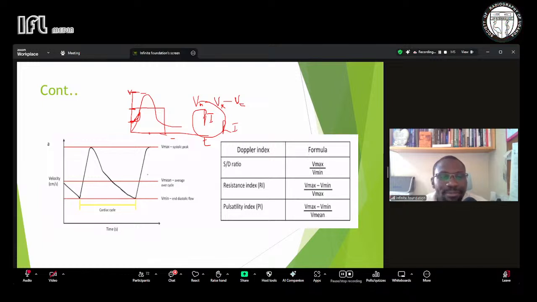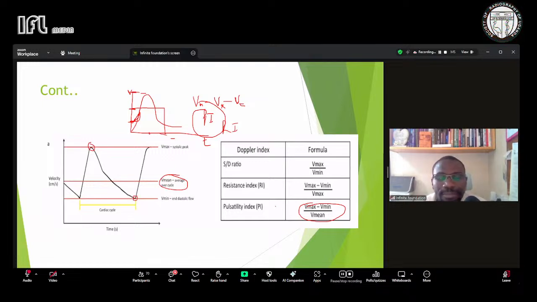Then, I don't do obstetrics, but what I would think is, if I were to pick the best one, it would be the pulsatility index, because it takes the average of this waveform, also takes the peak, and takes the end diastolic.